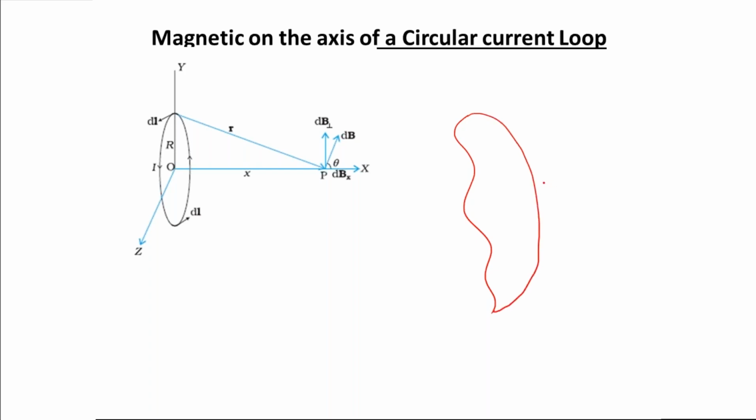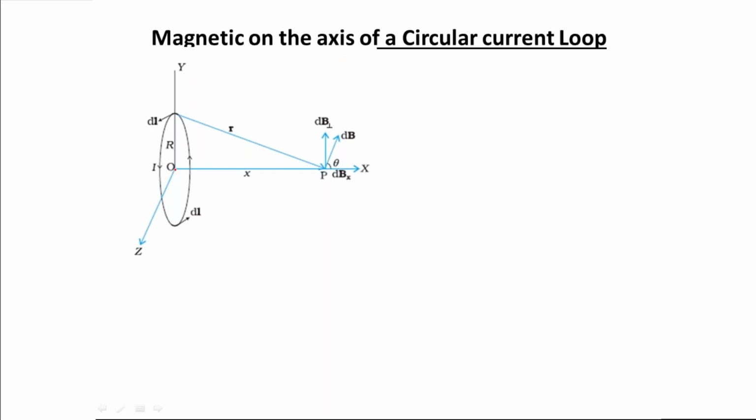When both ends meet each other and form a closed path, then it is called a loop. Any shape of loop can happen. This is a circular geometry, which means we can apply some certain geometry in this.